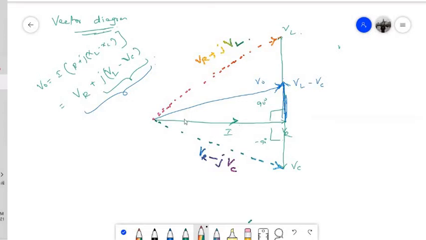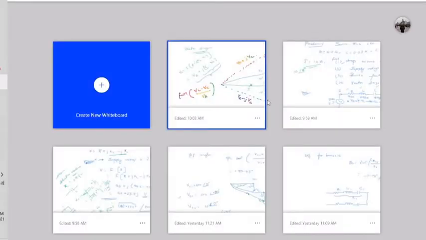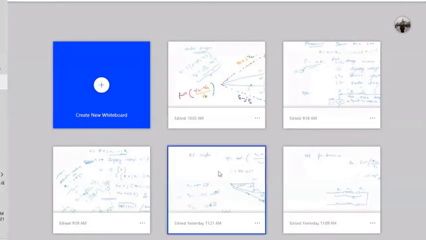Now what will be this angle? This also we have actually computed because we have obtained this tan inverse of VL minus VC. So we have already computed this angle in the previous step.